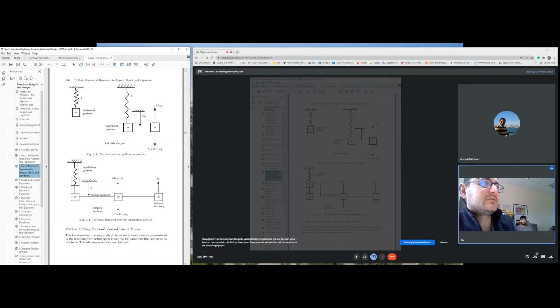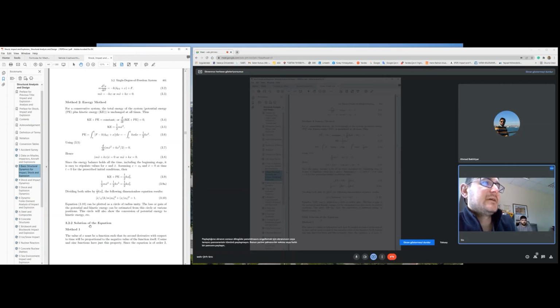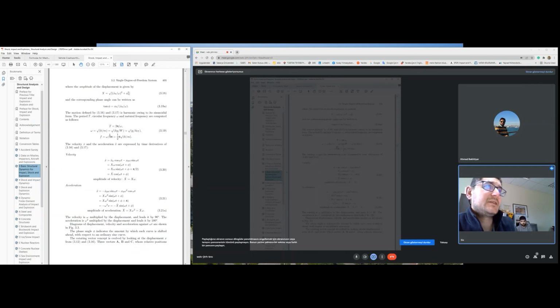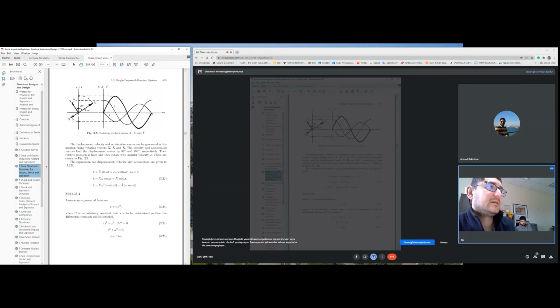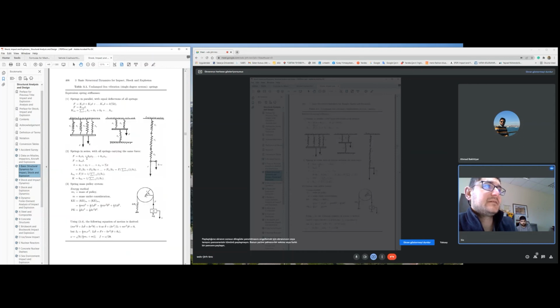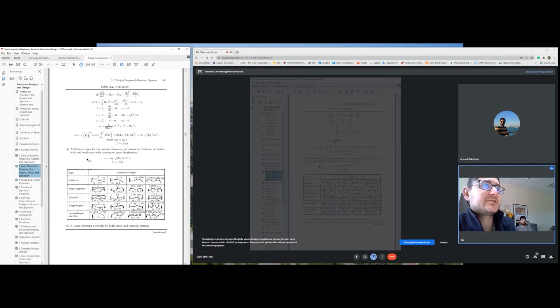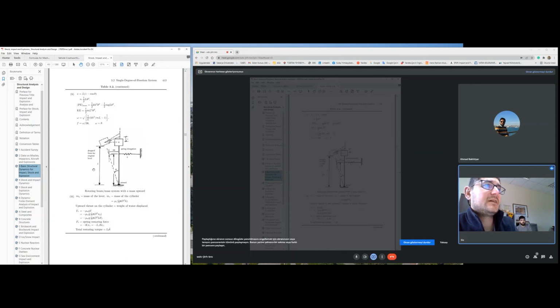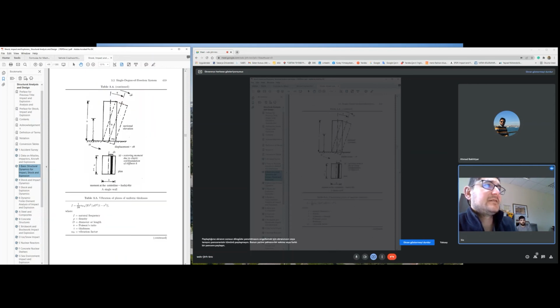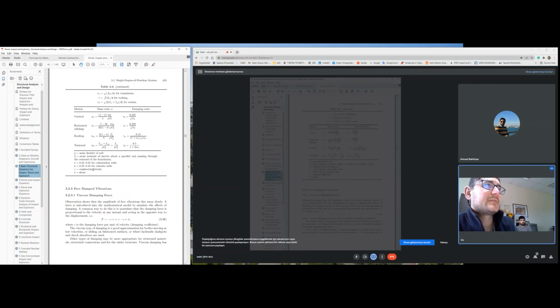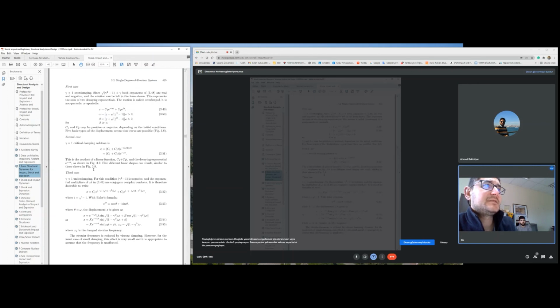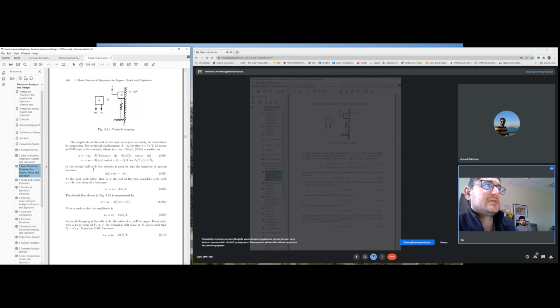Initially, method 1, Newton's law of motion. The second one is the energy method. You can find these approximations inside some of the dynamics books. It continues, and I'm not focusing on vibration as I told you. Still the vibration issue is continuing.